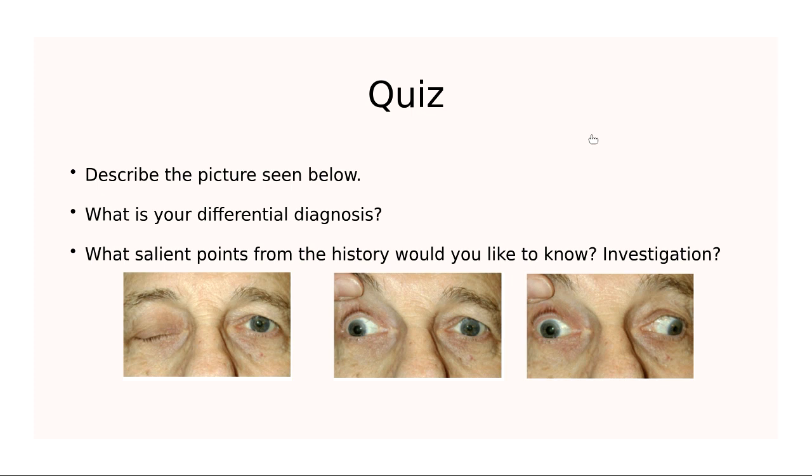Now we examined the pupils and noticed that the person had anisocoria, which means a difference in the pupil sizes. So his right pupil was much larger than his left pupil. The person has severe headaches. So this person is having a painful third nerve palsy. What kind of investigation would you do?